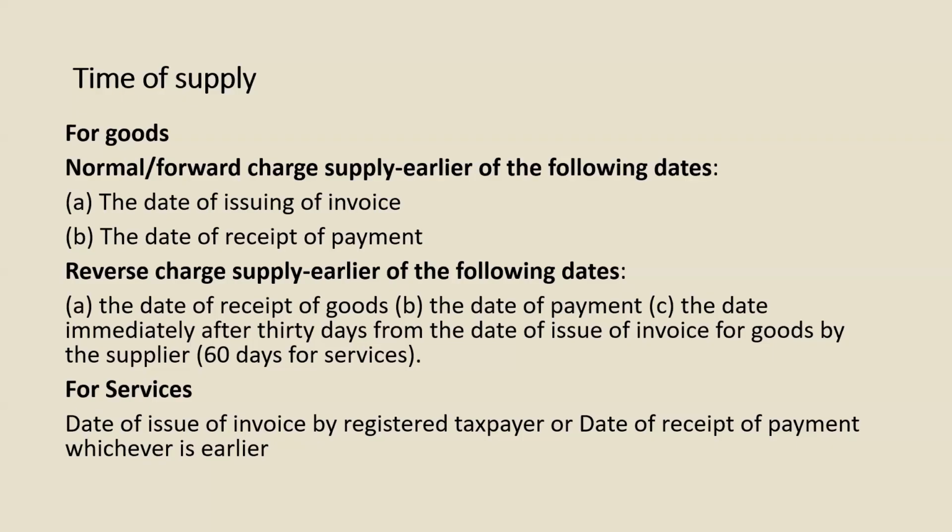Coming now to the time and place of supply, very simply, the time of supply for goods and also for services is the earlier date of issuing the invoice or receiving the payment. So whichever is earlier, issue of invoice or receipt of payment. Under the reverse charge mechanism, there is something slightly different. It's the date of receipt of goods or the date of payment or the date immediately after 30 days from the date of issue of invoice for goods by the supplier, 60 days for services.